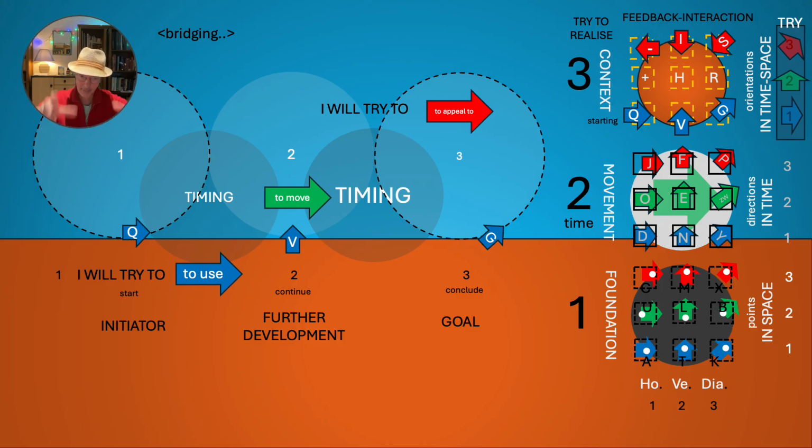The second letter is about development, so it is about that further development of continuation. So I have the goal to look for what I can use from one timing to the next timing.